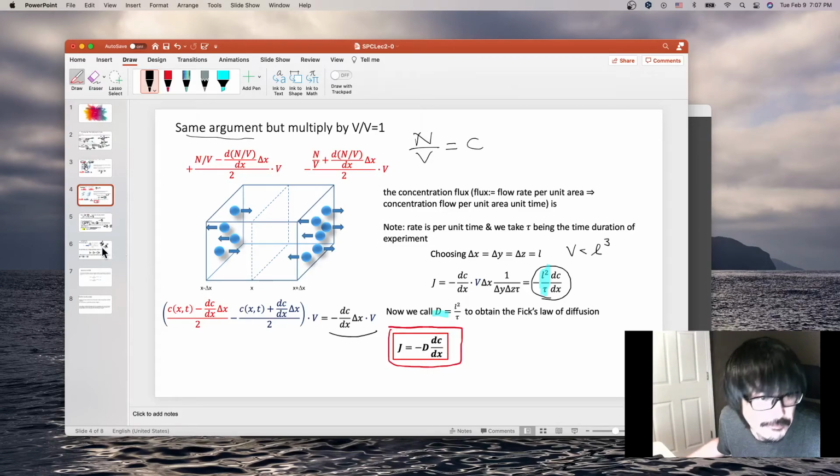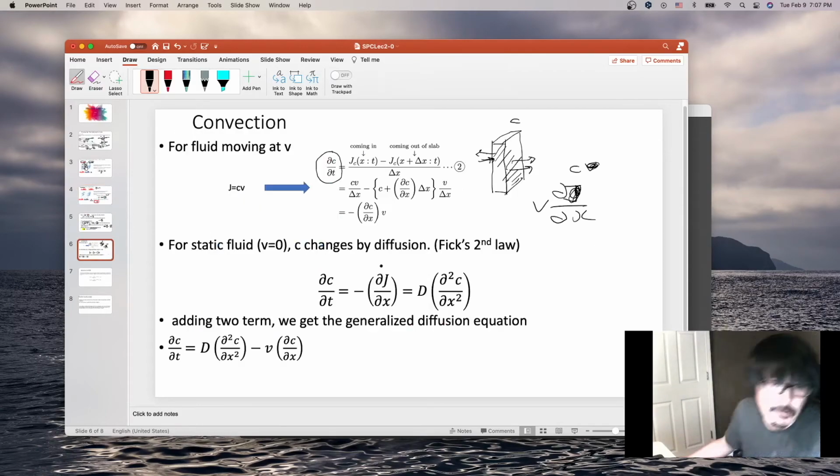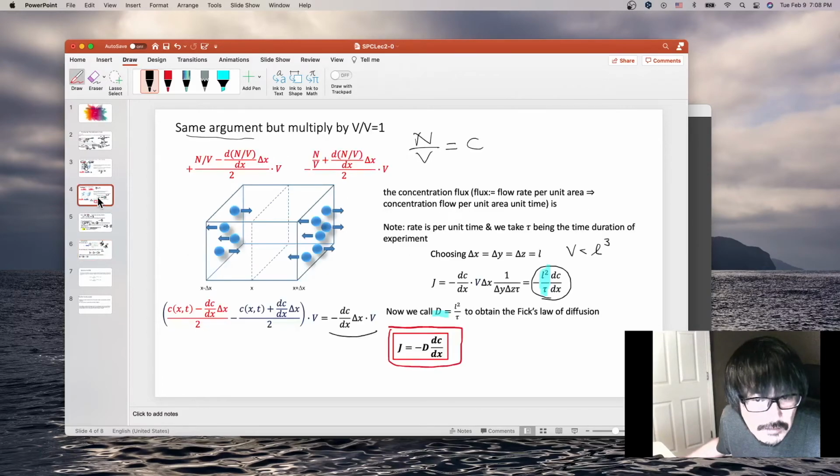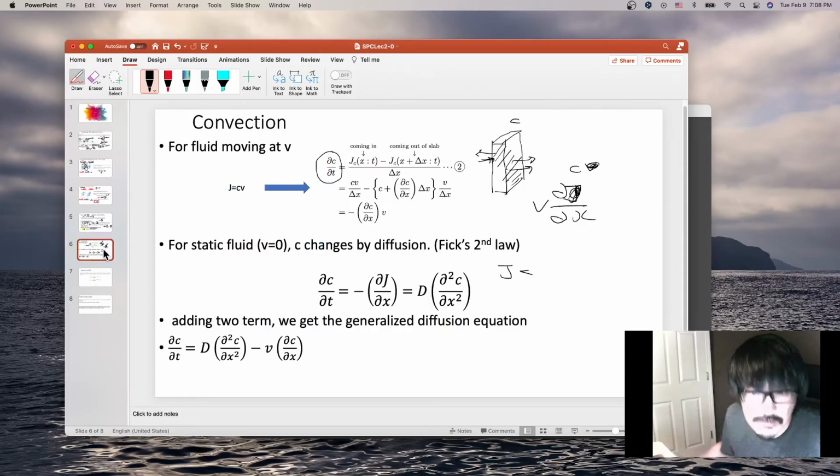That J is equal to, I think that was a minus D, I can't remember the sign. Minus D dc dx, right?